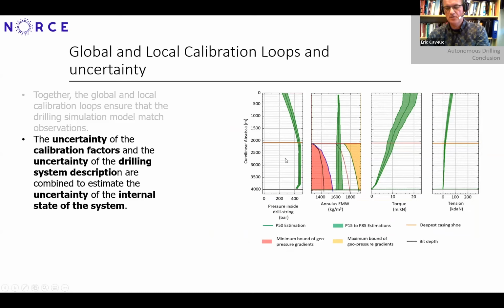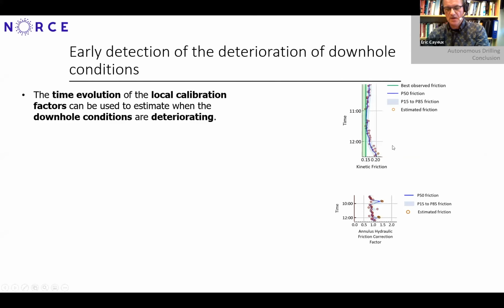And then we utilize this probability distribution for the state estimation of the system to detect whether there are changes in the downhole conditions. There we can detect changes in the kinetic friction, for example, or changes in the annulus hydraulic friction, indicating that something is happening, for example, with cuttings transport.